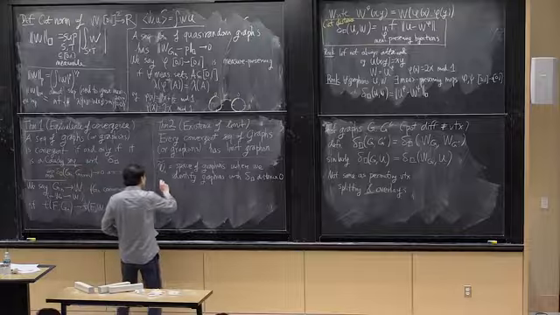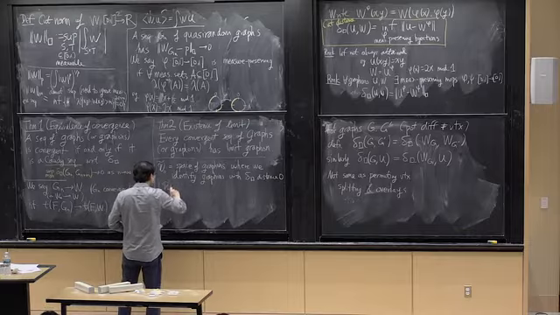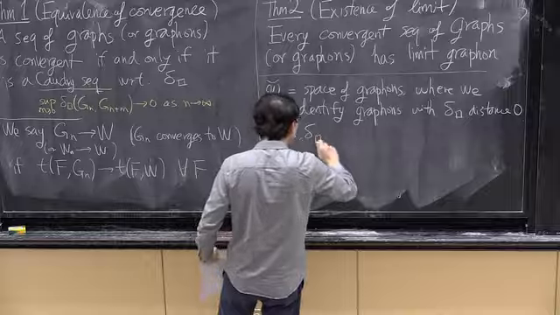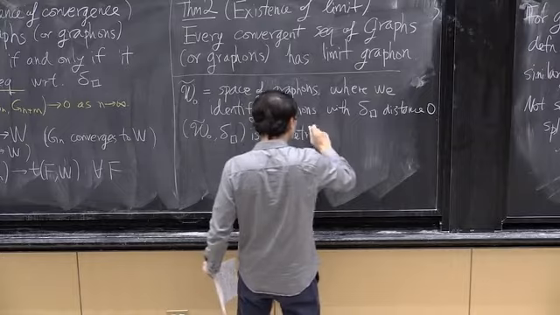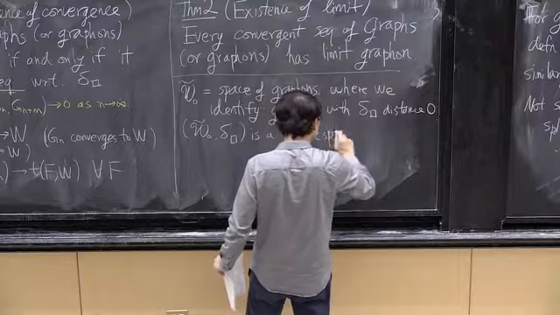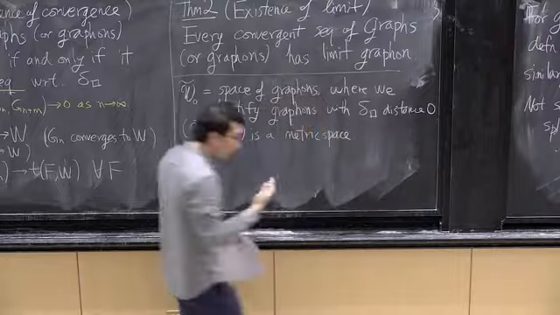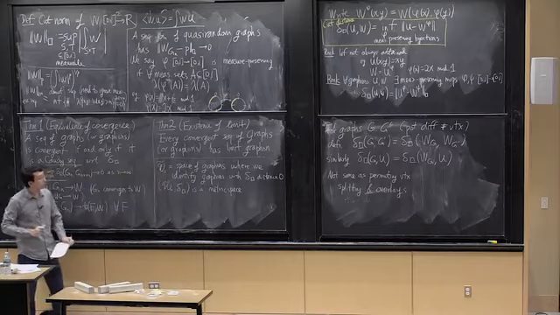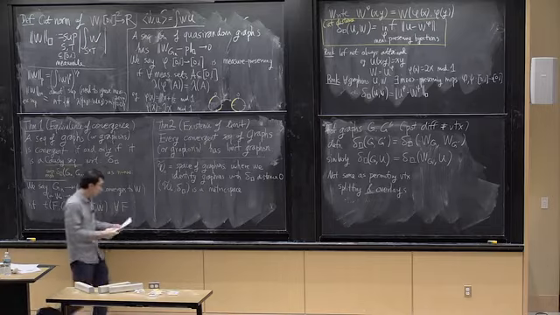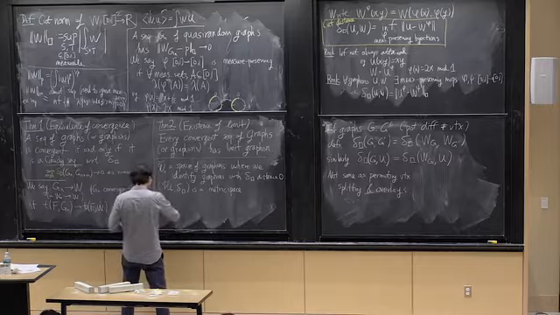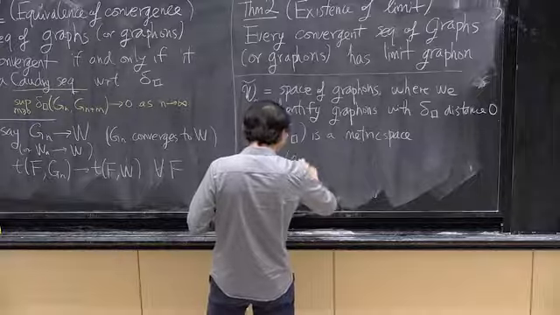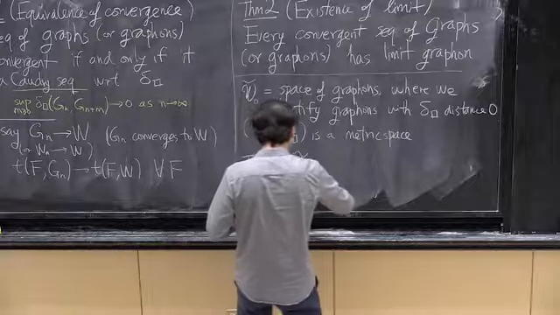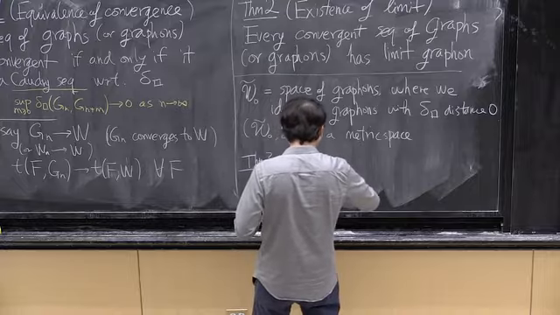So then this space combined with this metric is a metric space. It is the space of graphons. So the third theorem is the compactness of the space of graphons, namely that this space is compact.